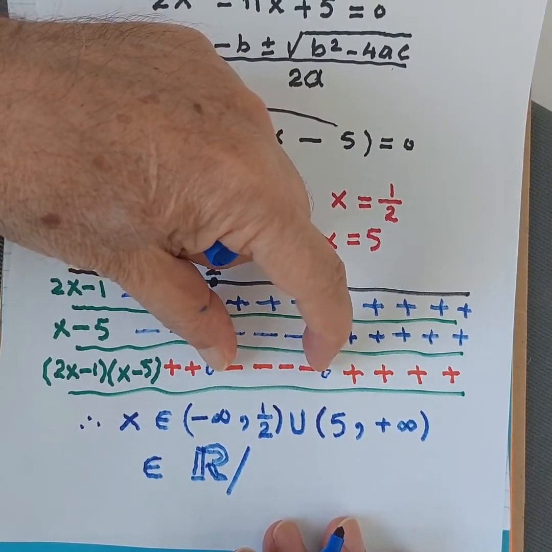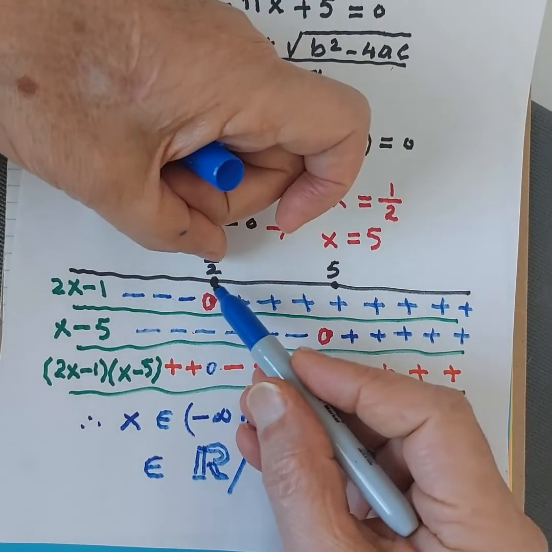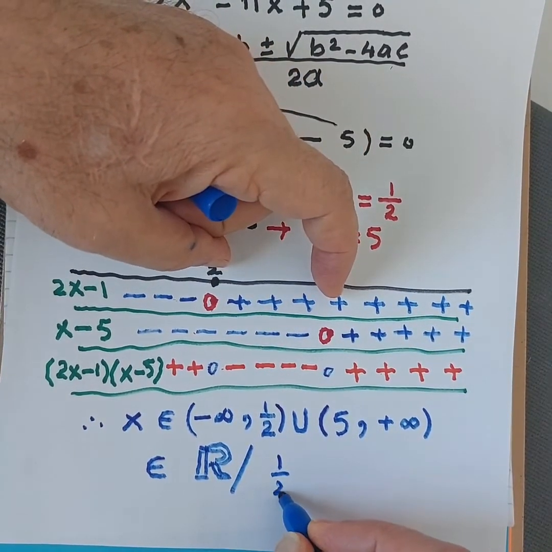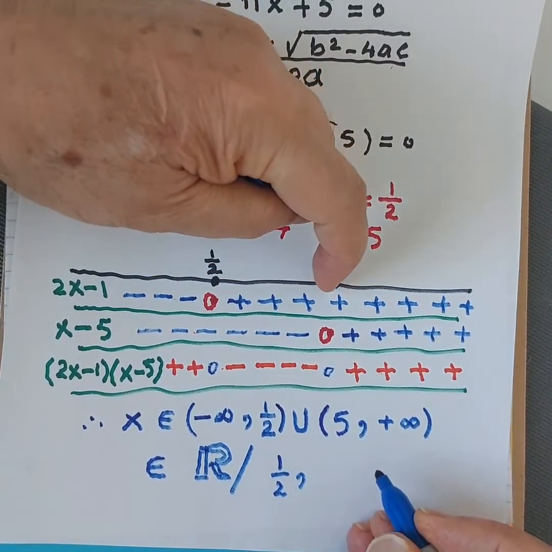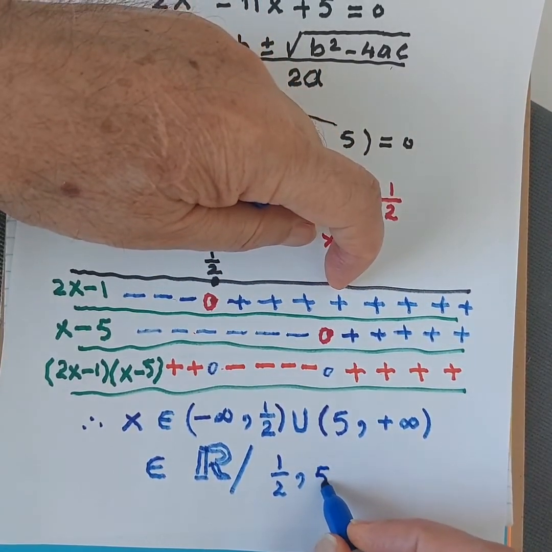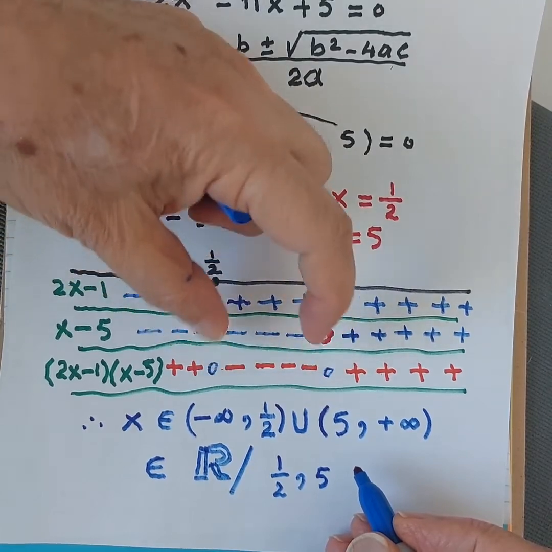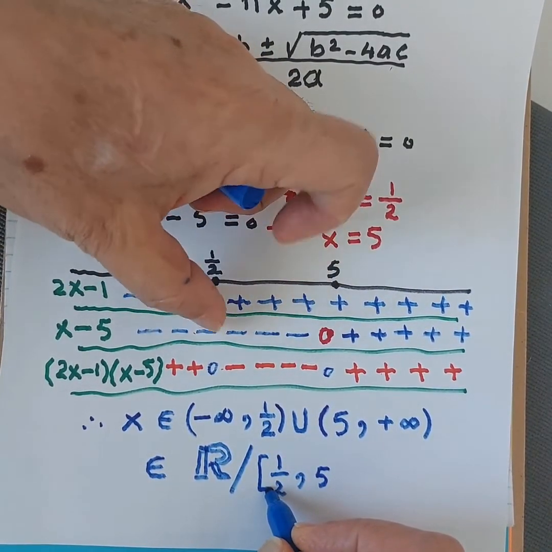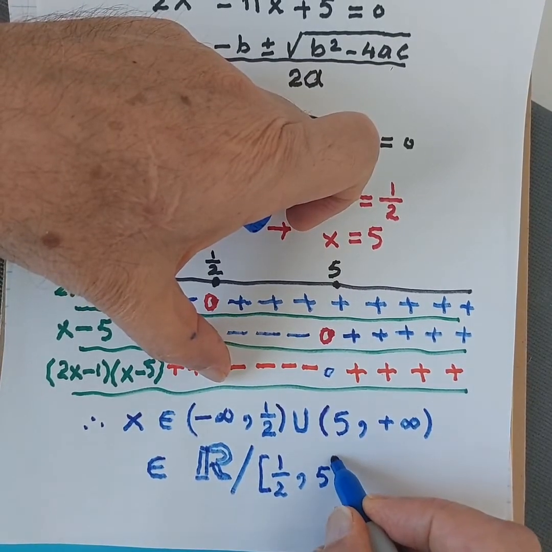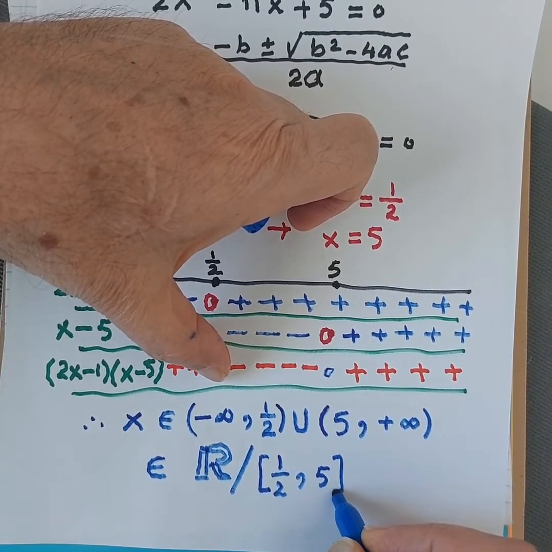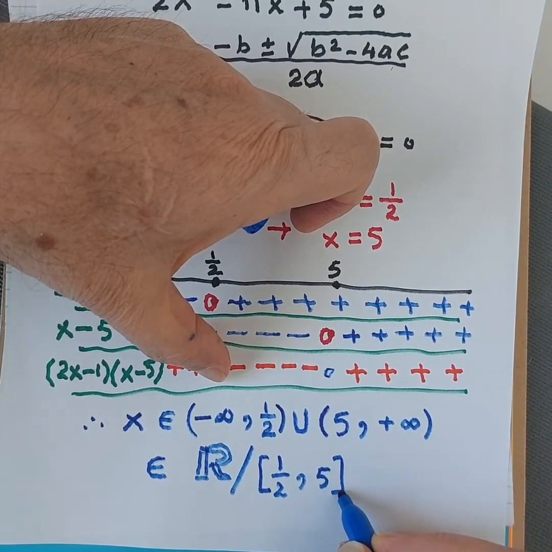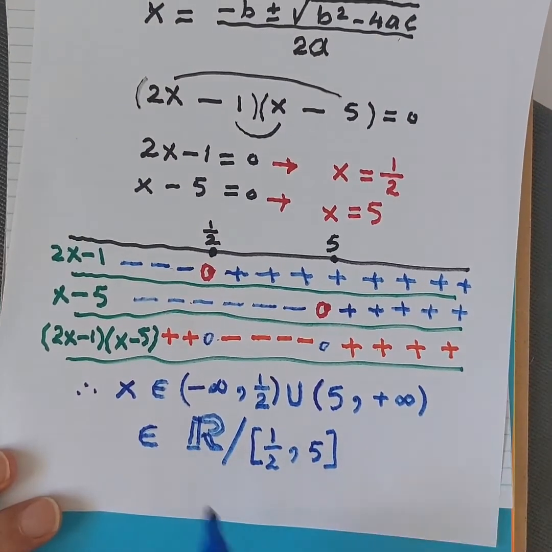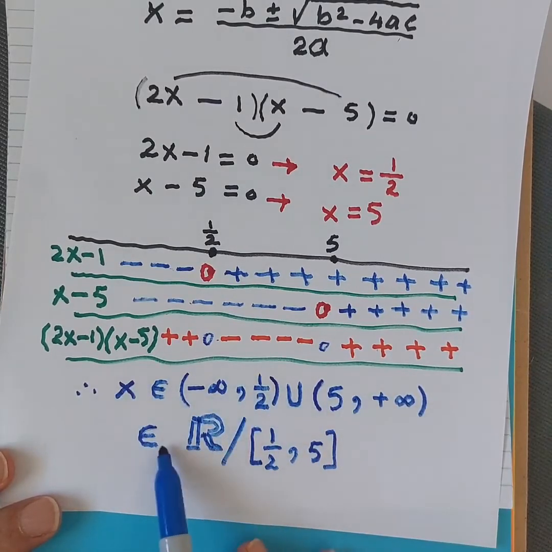This interval we will remove, starting from half and ending with 5. And we removed it including the 1/2, that means closed at 1/2, and including also the 5. That means it's removed from the solution. You can represent the answer this way or this way.